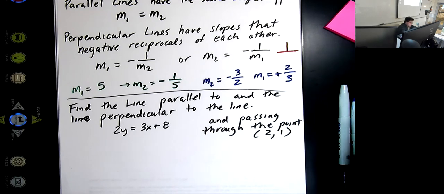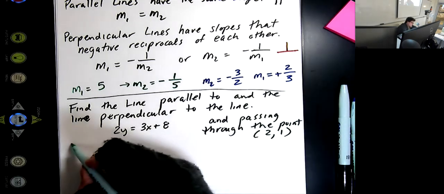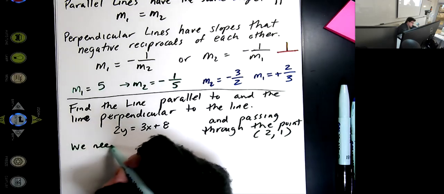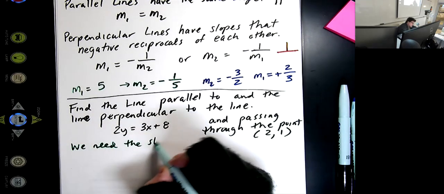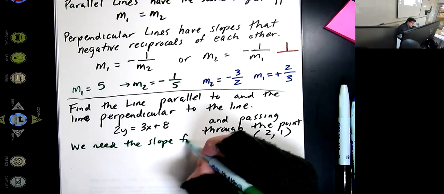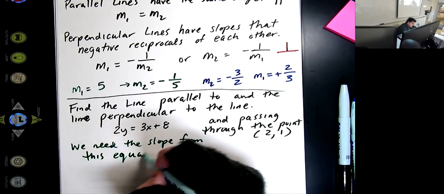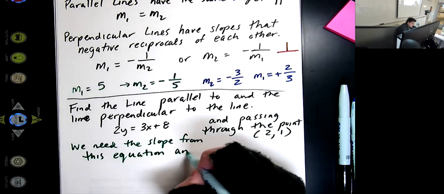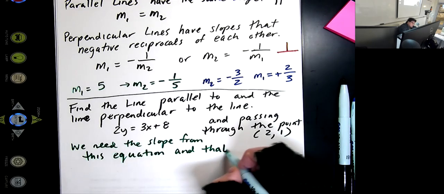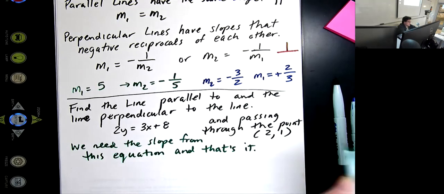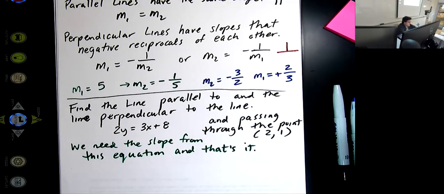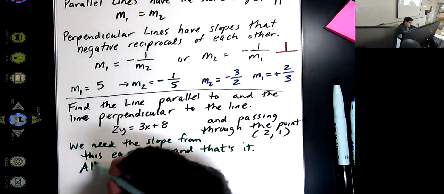So what we need from this, we need the slope from this equation. And that's it. Once we have it, we can dump all the other information. All the other information is irrelevant.